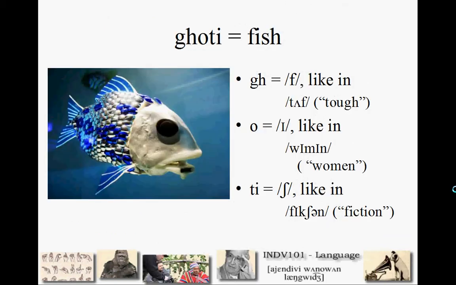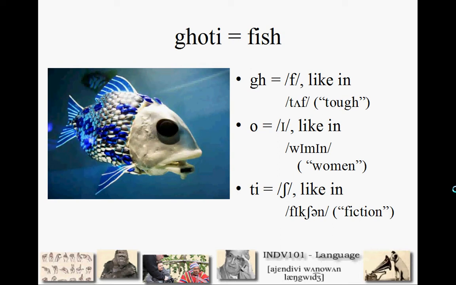All right, so we need a way to represent these sounds. And English spelling is not going to do the trick. This is sort of a famous example. You can spell fish G-H-O-T-I.